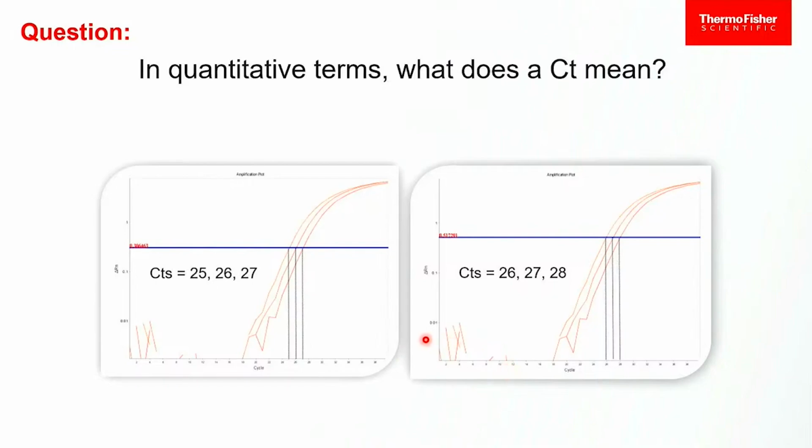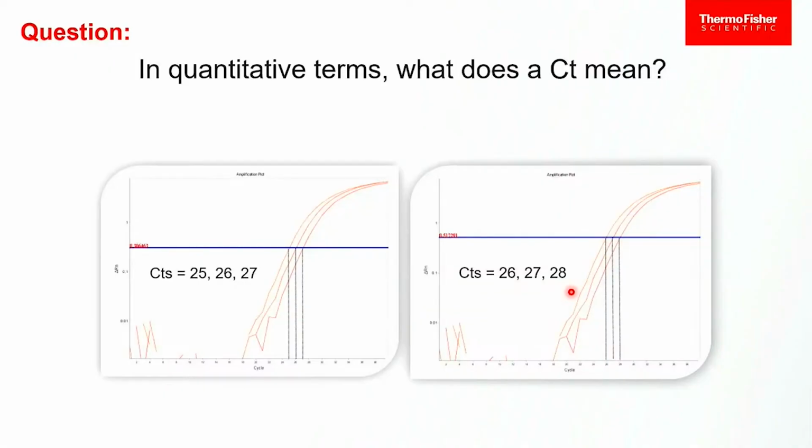If I move my threshold, which I did here in these two images, I moved my threshold up, so I changed my CTs. They were 25, 26, and 27. I moved that threshold to make them 26, 27, 28. Did I change how much DNA I made? No, I didn't.